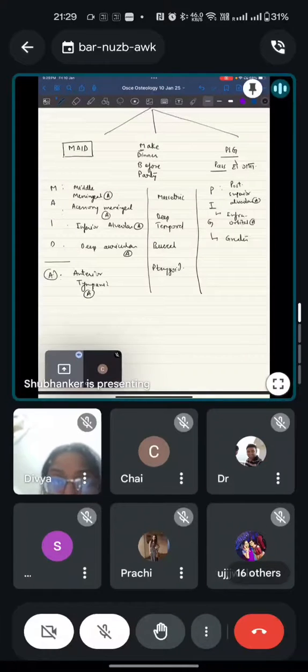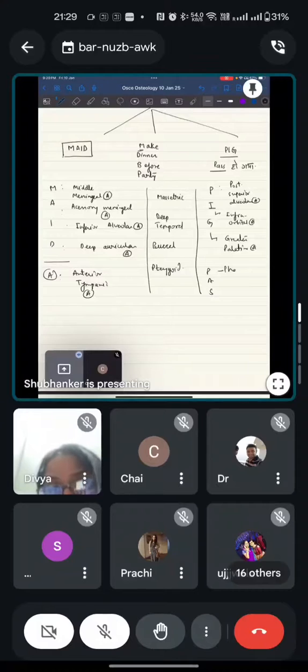And G stands for your greater palatine artery. And again, smaller arteries are there: P A S. P is pharyngeal artery, A is artery to pterygoid canal, and S is sphenopalatine artery.